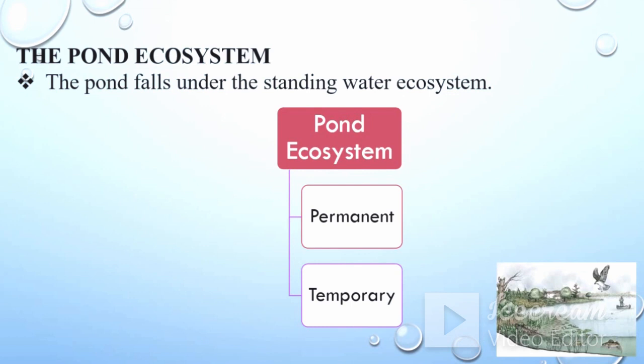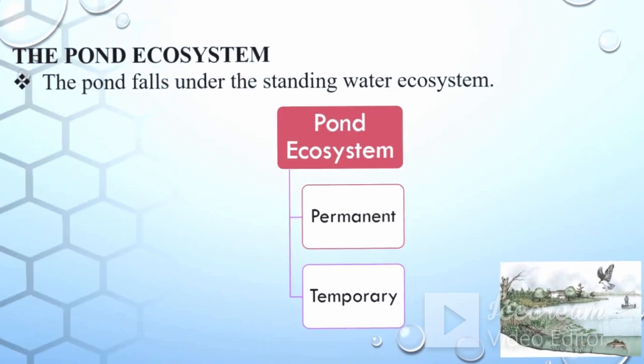Where the water is found only during the monsoon, it is called temporary. After the monsoon season, it dries out, and there is no water in the remaining period of the year.